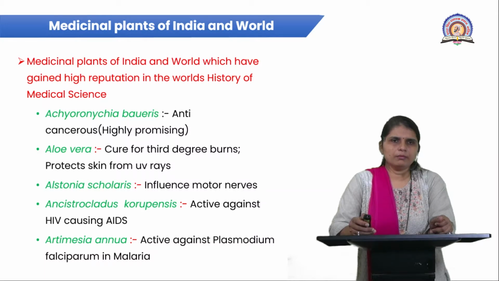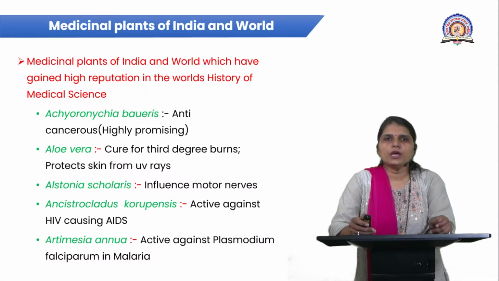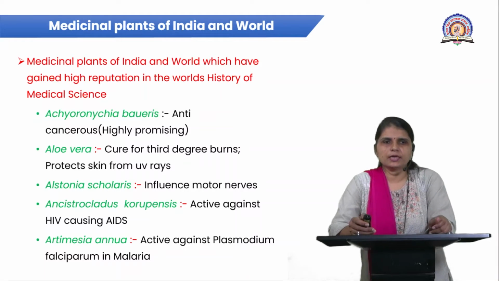Then medicinal plants of India and the world. The medicinal plants of India and the world have gained high reputation in the world system of medicinal science. Some examples of these medicinal plants have a high reputation in the world history of medicinal science.